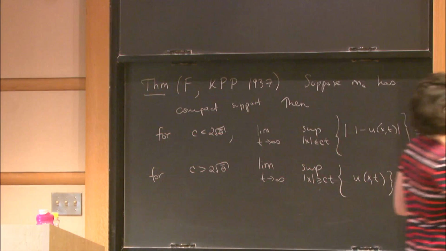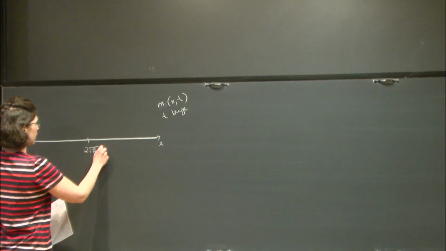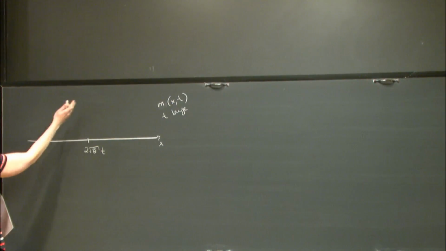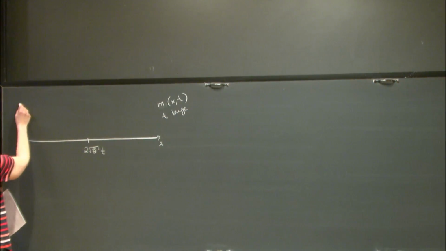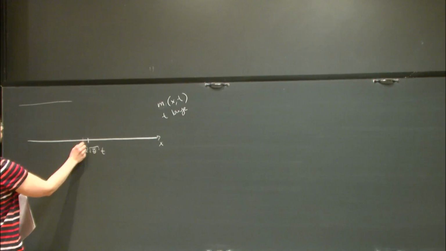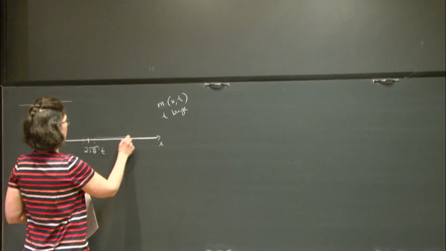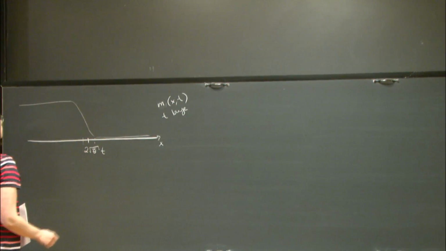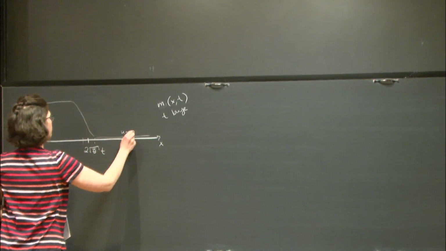So if this is the point that's 2 radical theta bar t, then what this is saying is that in this region behind where the individuals are, u is really getting near 1. And past this, u is getting really near 0. And I guess something is happening over here. So u is near 1 here, u is near 0 here.